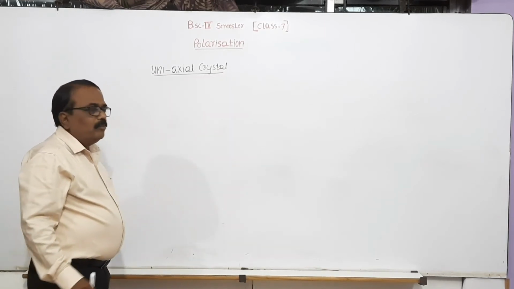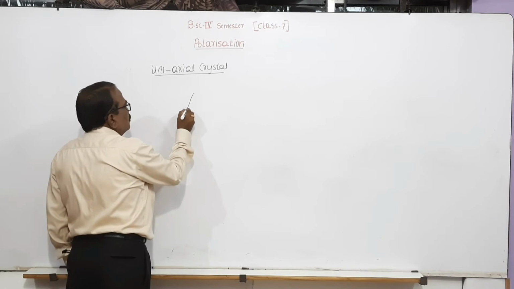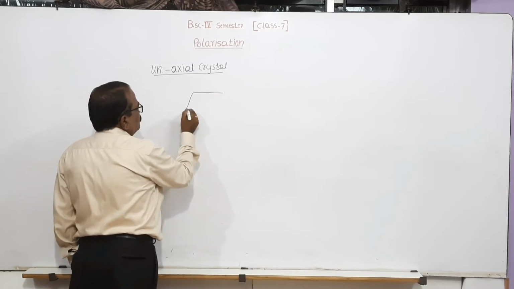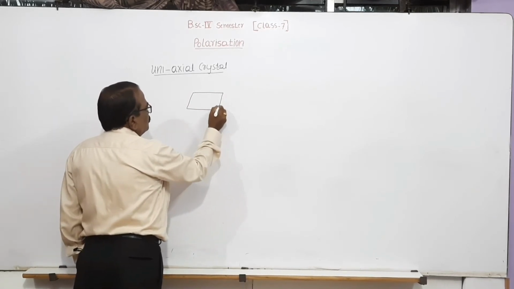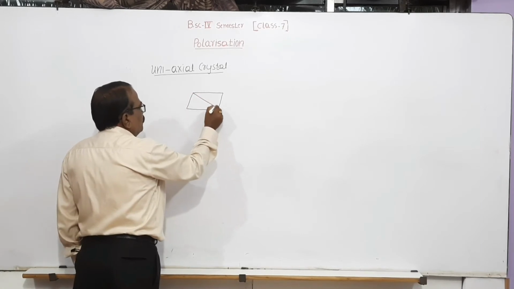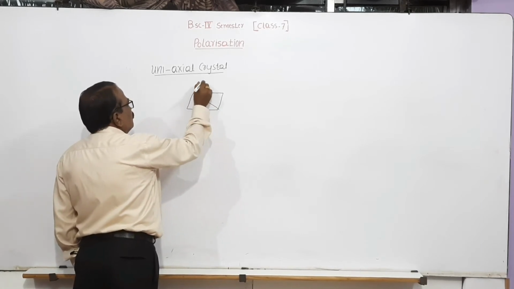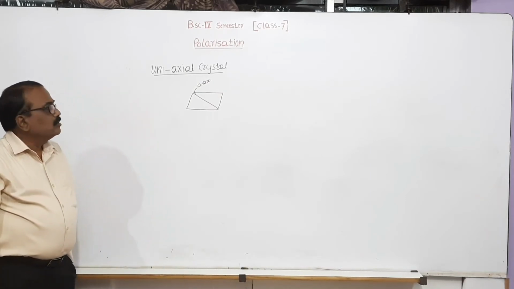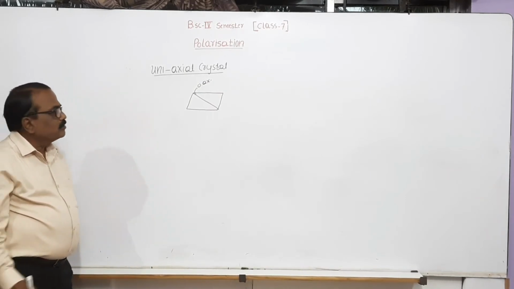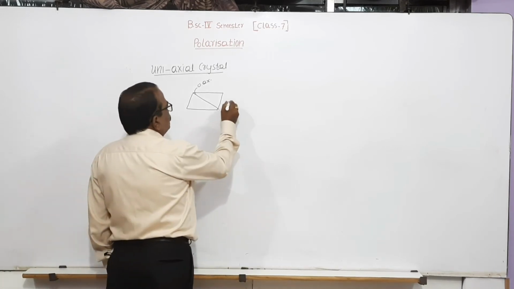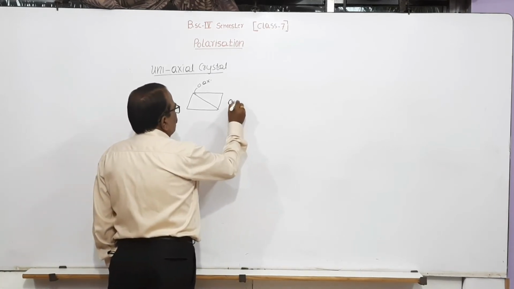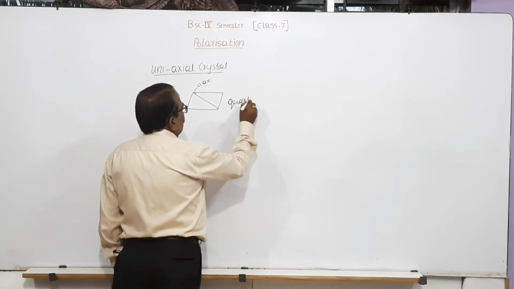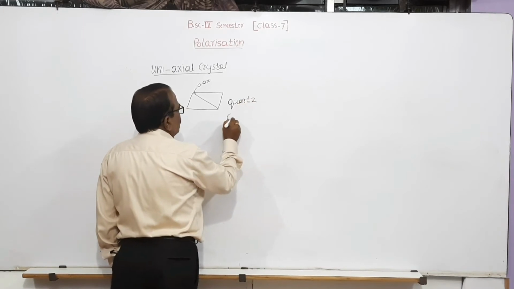If a doubly refracting crystal has only one optic axis, such crystals are called uniaxial crystals. Examples are quartz crystal and calcite crystal.